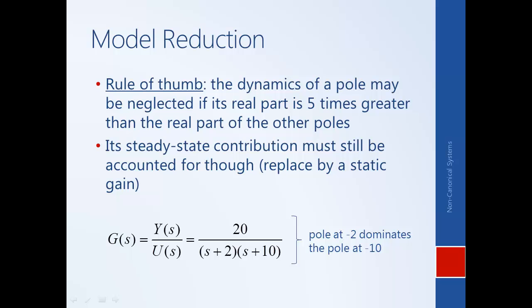And so the idea is that we want to get rid of that fast pole and approximate G of S as a first order system with a single pole at S equals -2. But we need to be careful that the reduced model has the same steady state response as the original model.